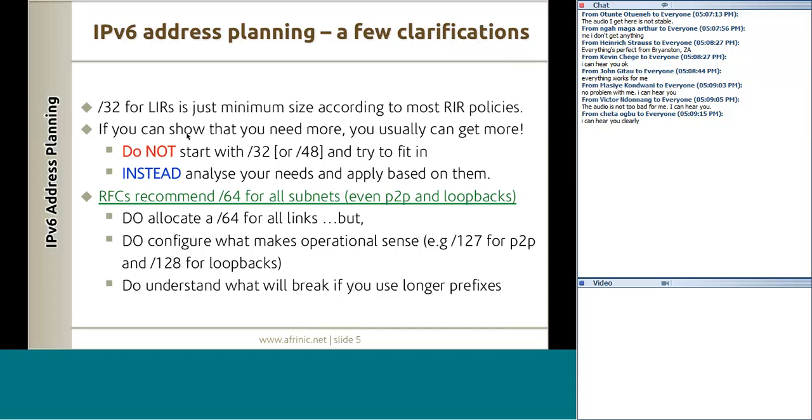Now, when it comes time to actually assign things to links, you can go ahead and configure what makes operational sense, be it /127 or /128 or /126 or /120. That kind of decision, when you are actually assigning, you can go ahead and veer away from what the RFCs recommend. But while you're planning, do have in mind, allocate a /64 for all links.